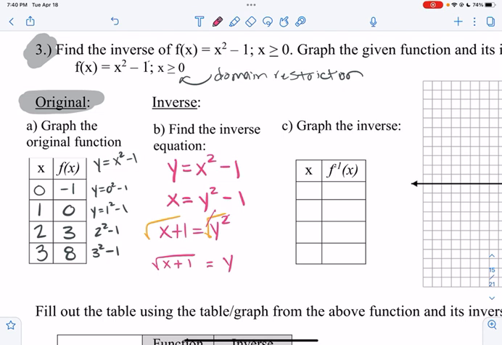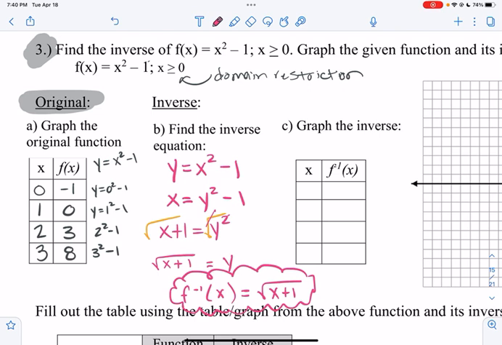So we originally had f of x. We're going to write it as f to the -1 of x equals square root x plus 1. So that's our inverse equation that we're going to fill out our table over here.